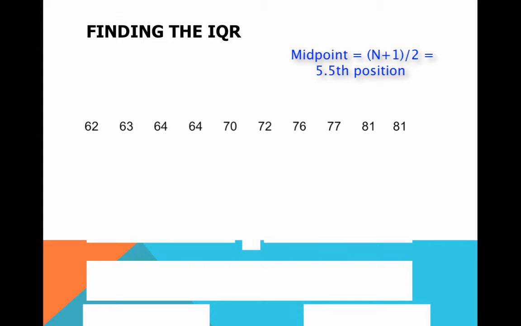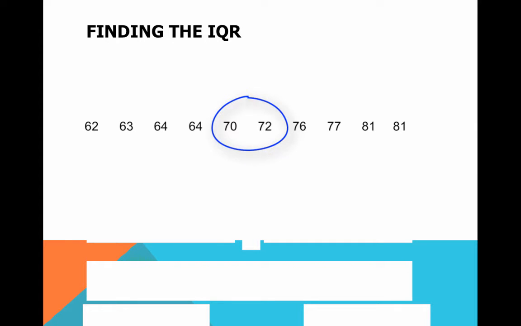So if we count to the 5.5th position, we land between 70 and 72. Because we fell in between two numbers, we take the average of these two numbers, 70 plus 72, divided by 2, to finally give us our median, which is 71.